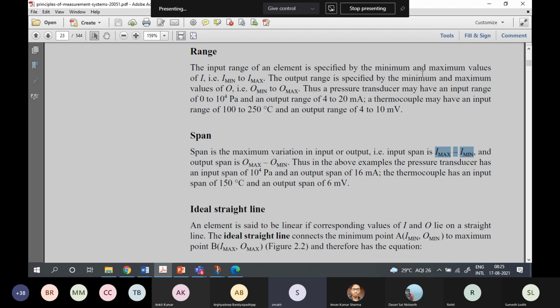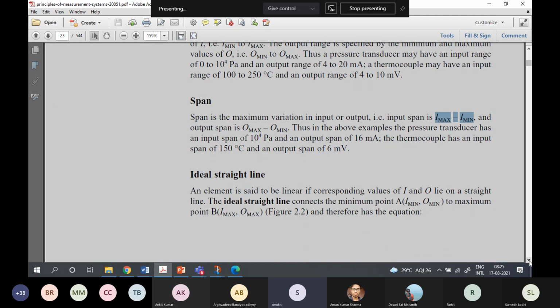Now, this says over what values of input the sensor is effective, or the sensor can provide measurement of a certain quality. Within this range, within this set of values, we have to describe how the sensor behaves.